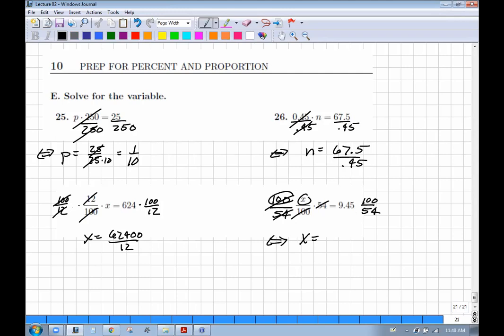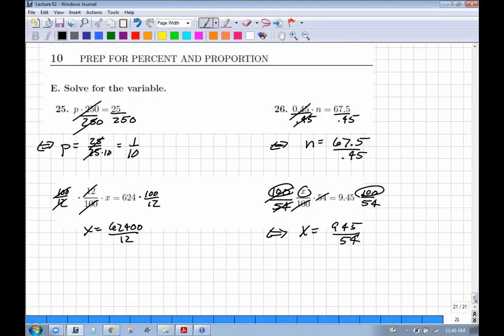And multiply both sides by 100. Is 9.45 times 100 is 945 over 54. And we could simplify that too, if we wanted to, or plug it into a calculator.